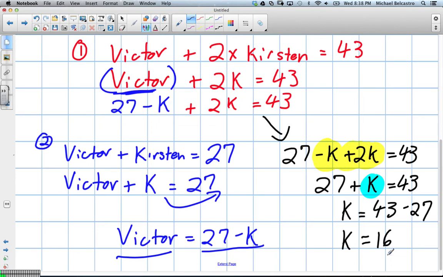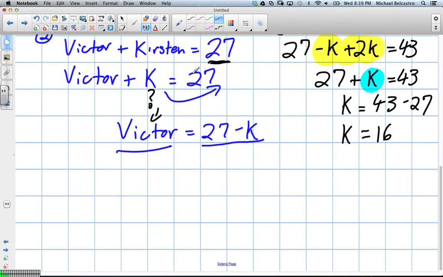So Kirsten is 16, which means if Kirsten's 16 and their two ages add to 27, how do I find Victor's age? 27 minus 16. Yeah, what is that going to give us? I can't do that. I'm sorry. That's okay. That's why you've got the calculator. 11. So Victor equals 11.